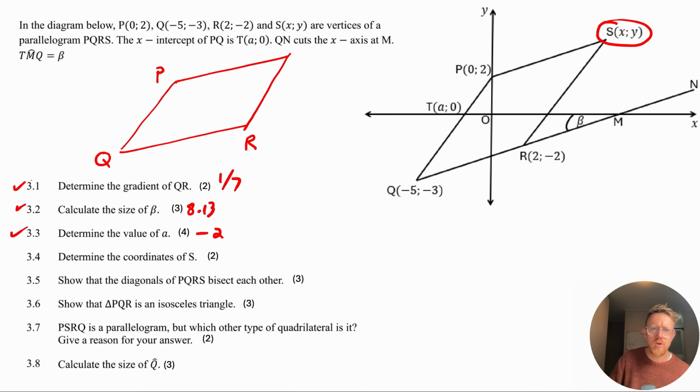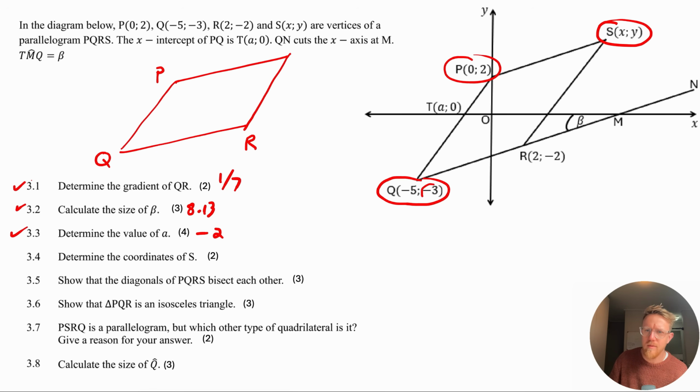Now, if you just look at the coordinates, you can do this in different ways. You could look at how you go from Q to P. I want you to look at the X values only. Can you see that the X values go from -5 to 0? So the X values increased by 5. Then look at the Y values.